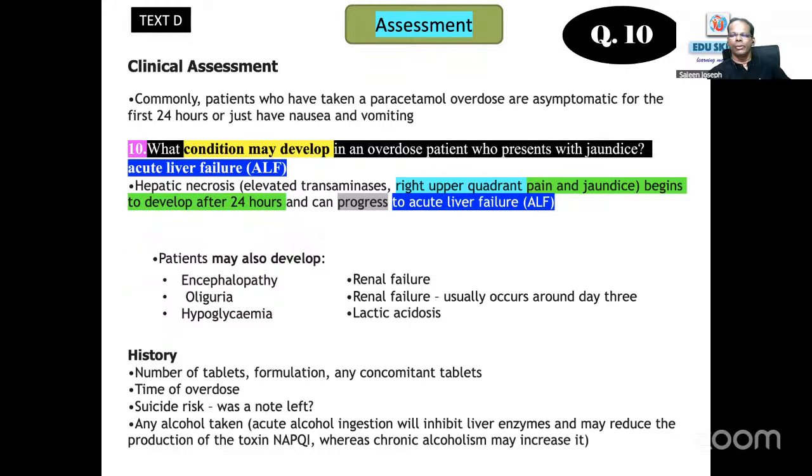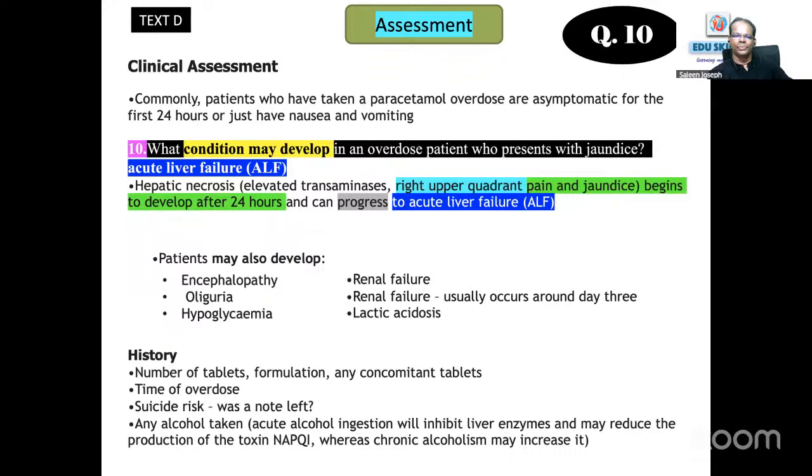It's acute liver failure, right? Progress to is the language used. Cause and effect language used. Begins to develop, may develop. Yeah, may develop, can progress.